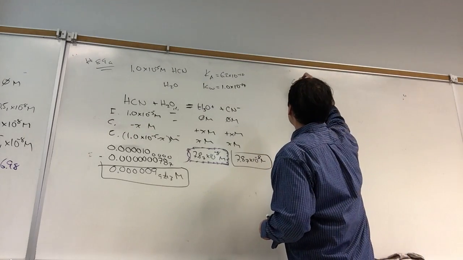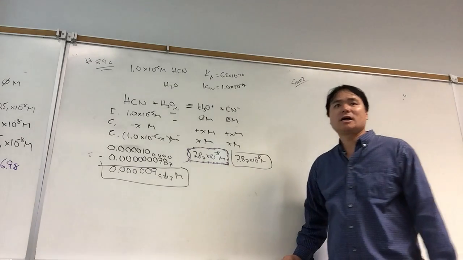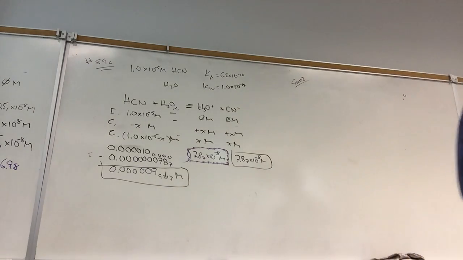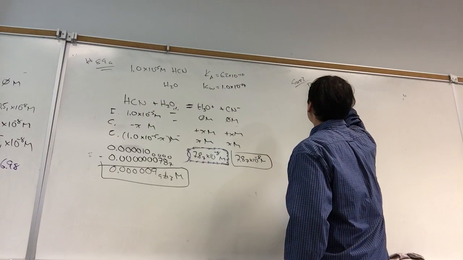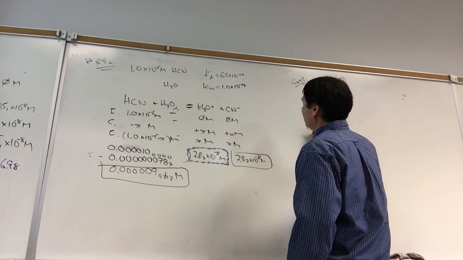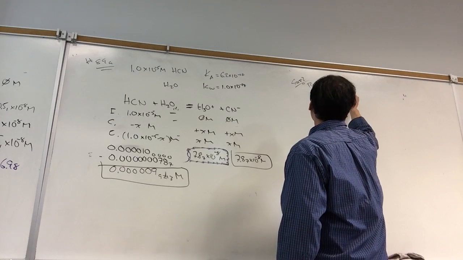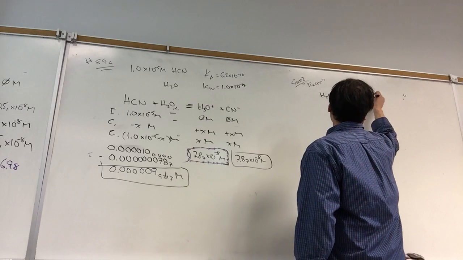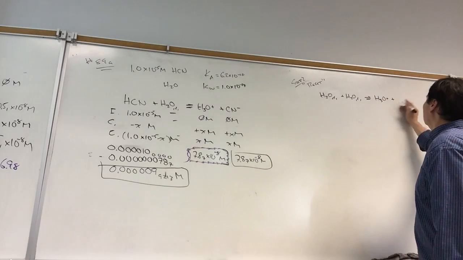Right. In step 2, I have 2 choices. I could do it Le Chatelier style, or I could just reset the water to 0 and then add the hydronium. I'm going to reset. You know, this is a common ion style problem. And so it's going to be H2O liquid plus H2O liquid, giving me hydronium plus hydroxide.